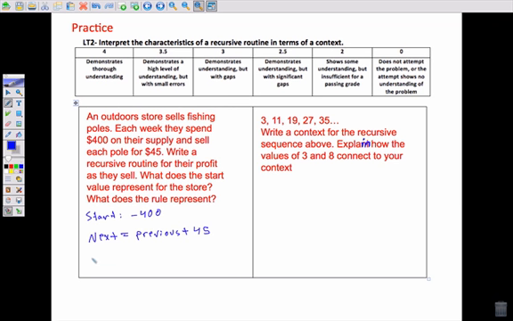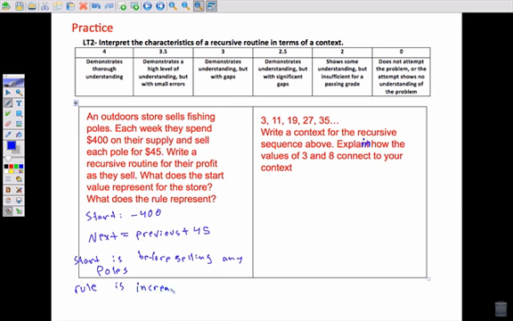Then the start value represents the profit before they've sold any fishing poles. And our rule is what happens for each fishing pole you sell to the profit.